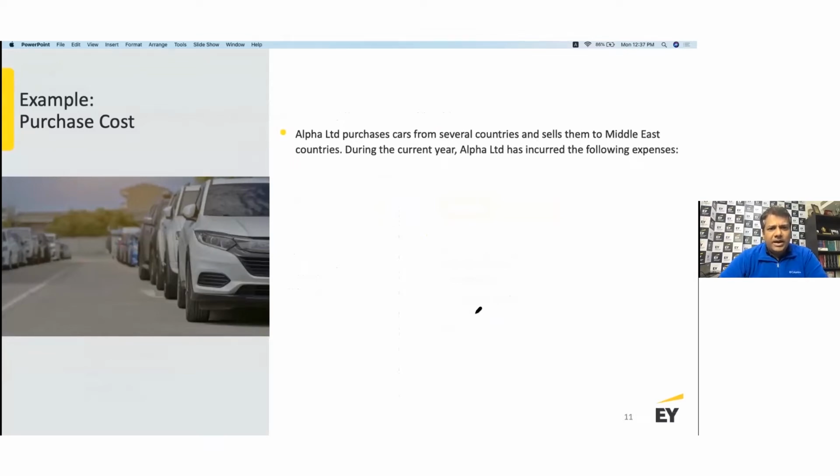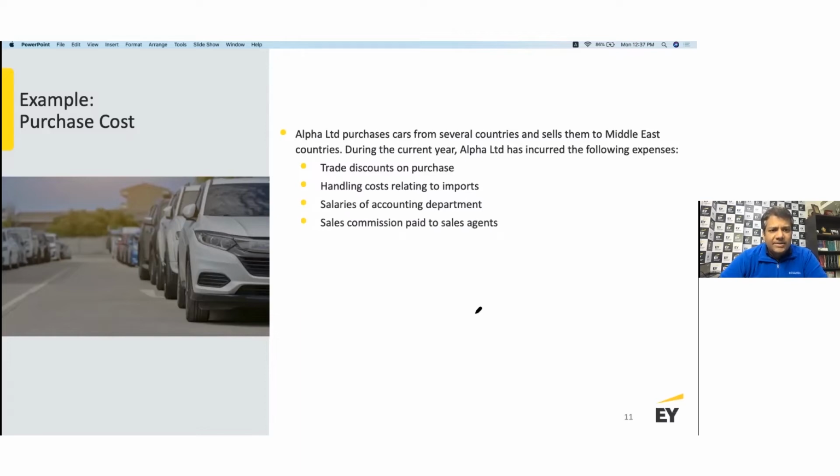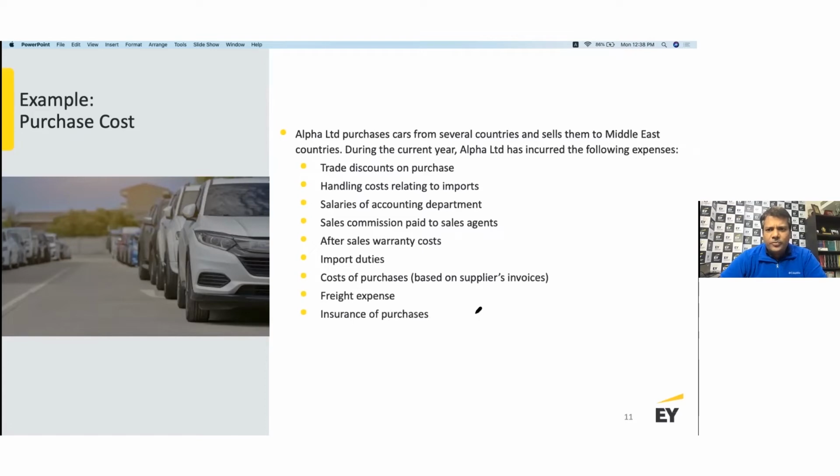During the current year, Alpha Limited has incurred the following expenses: trade discount on purchase, handling costs related to imports, salaries of accounting department, sales commission paid to sales agent, after sales warranty cost, import duties, cost of purchases based on supplier invoices, freight expenses, insurance of purchases, brokerage commission paid to indenting agents.